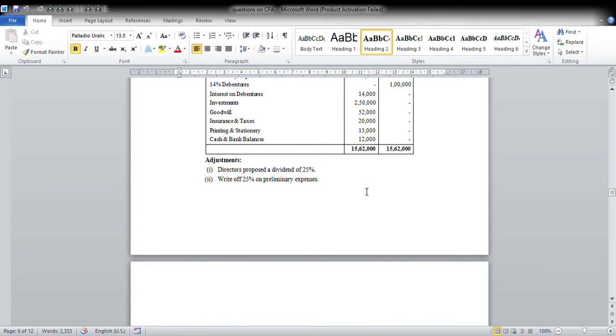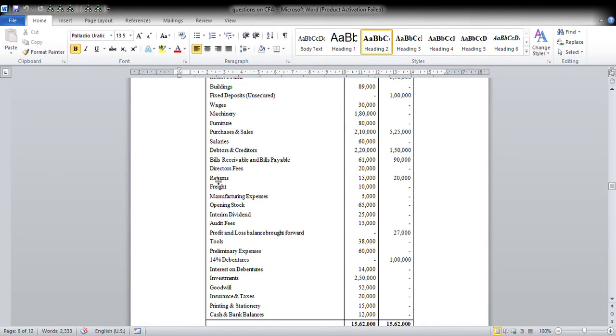But there is already an interim dividend which has been paid in the year, 25,000. If you deduct this 25,000 from the 71,000, the balance of the dividend yet to be payable is 46,000. We will discuss in detail how this adjustment has to be shown.